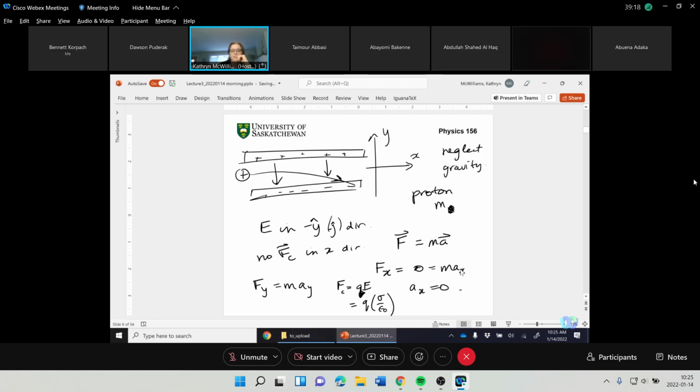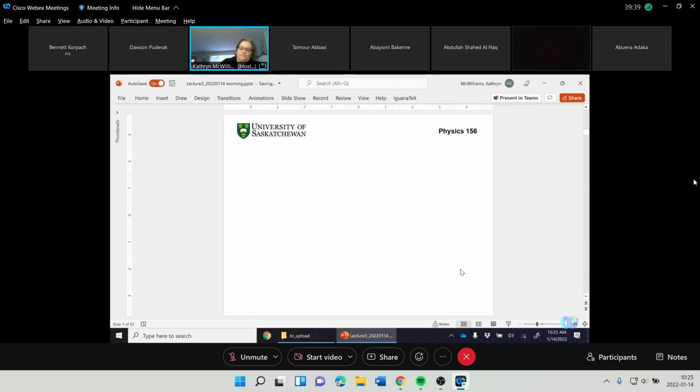So we can combine our force in y, given by the Coulomb force, and substitute: q sigma over epsilon naught equals m a_y. We'll do that on the next page. So q sigma over epsilon naught equals m a_y. We've got magnitudes here. E is down, a_y is down, so we're just going with it.